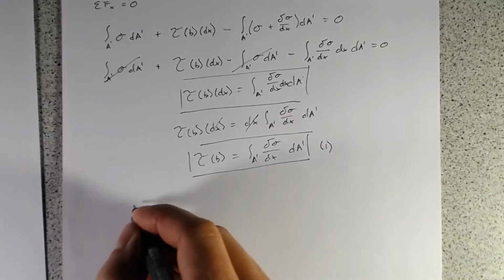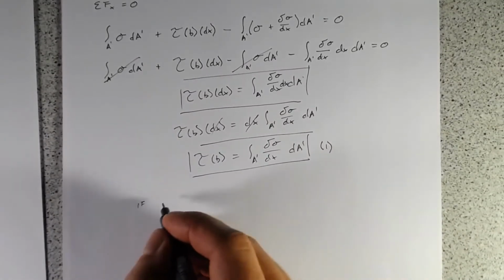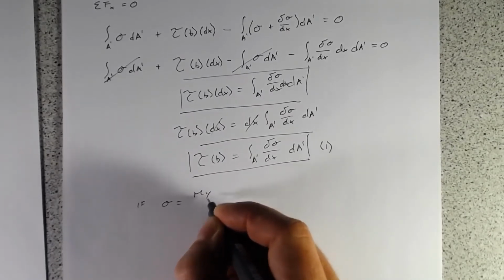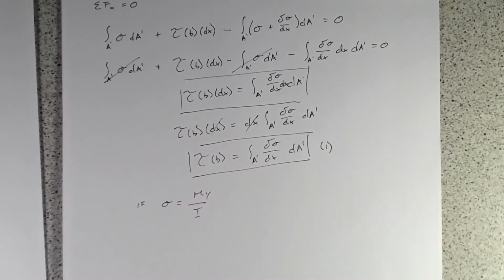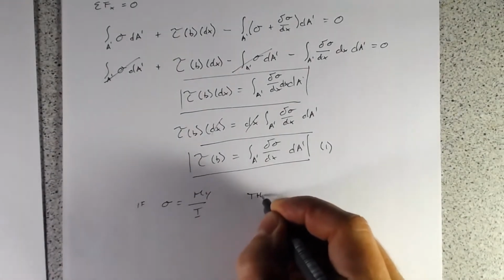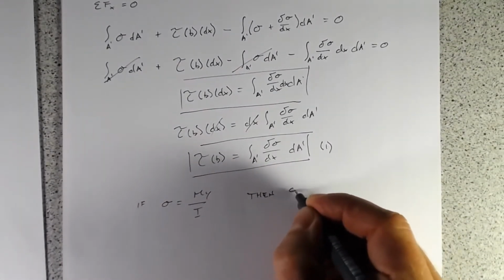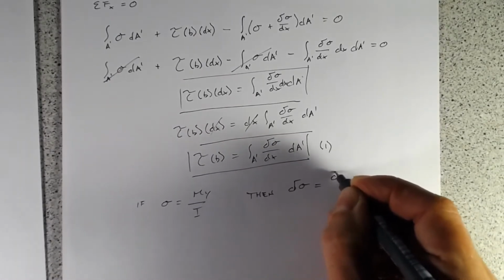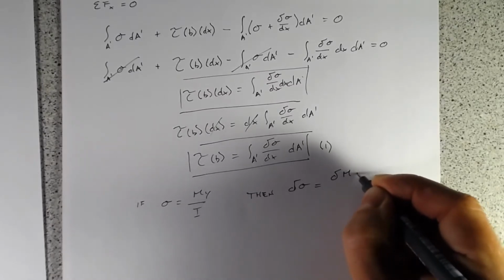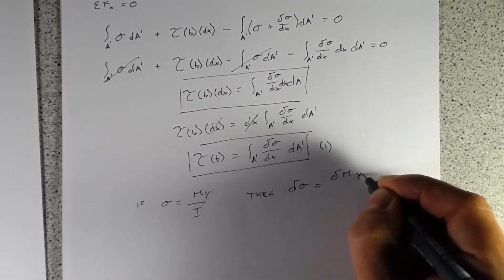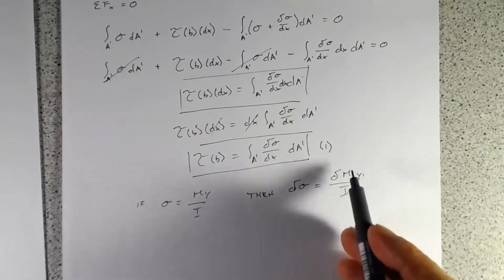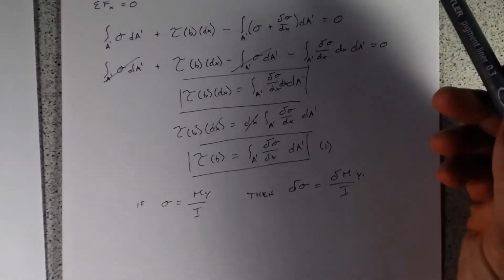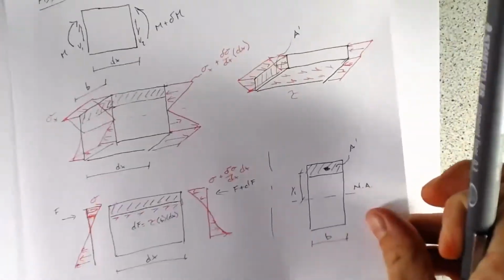Well, for example, our typical bending stress is My over I, well then d sigma is just going to be dM y over I, because the distance which we're going up is just a variable on our cross section.